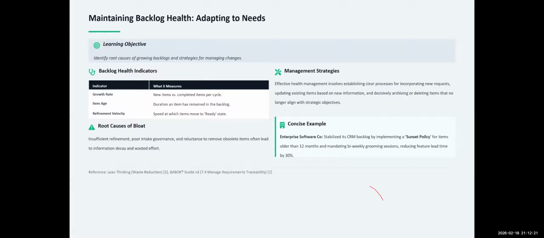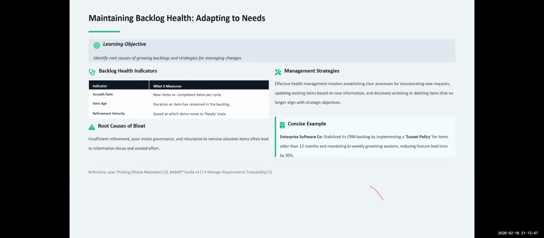How many new items are coming in and how many items are getting completed, that is, moving out? Then you need to check the age of items in your backlog, the date the item was logged into the backlog. And if it is spending more than a month, 2 months, 3 months, you need to start asking questions. Why is that item there for a very long time?